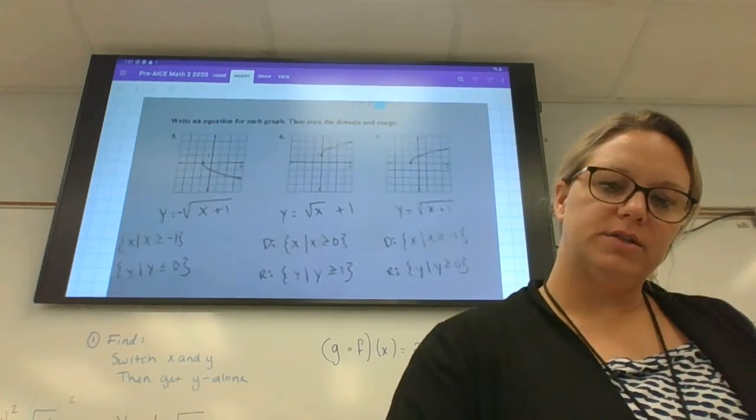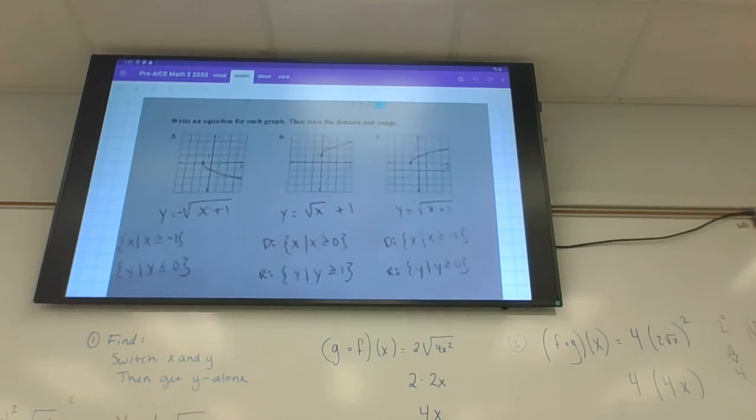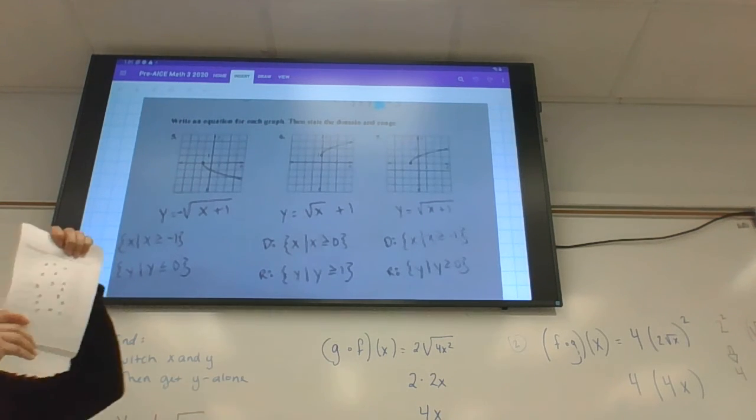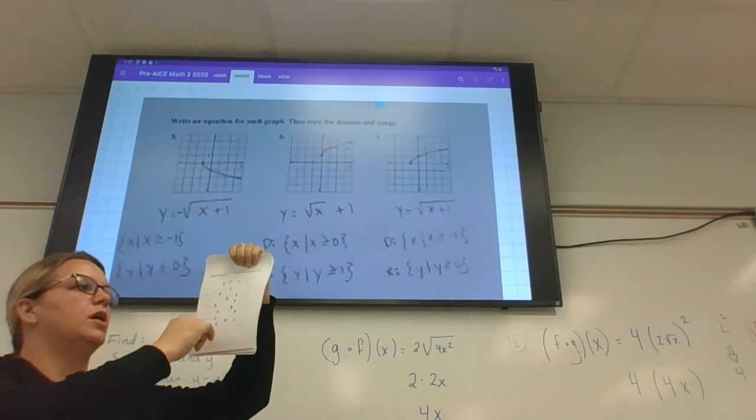Alright, so today you guys are working on inverses. You have to show work on these. It's a matching activity, so lots of kids are going to be very clever and not try to show work, but I want you to try to. Keep your notebook out. It's 8 problems.